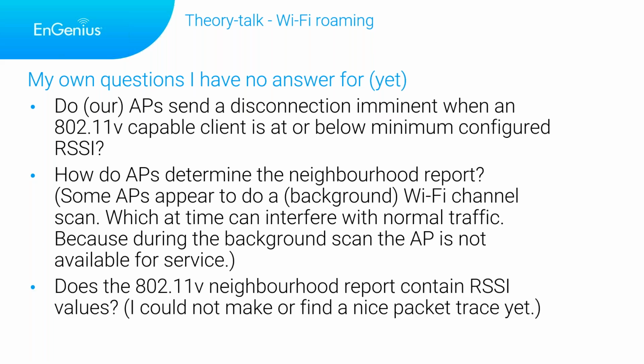And the last thing is that I'm still wondering, again, I didn't have the traces that I was looking for, if the 11v neighborhood report will contain RSSI values also for the client to get a little bit better idea which APs are closest by.